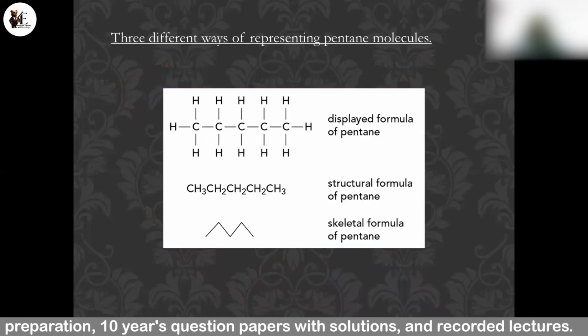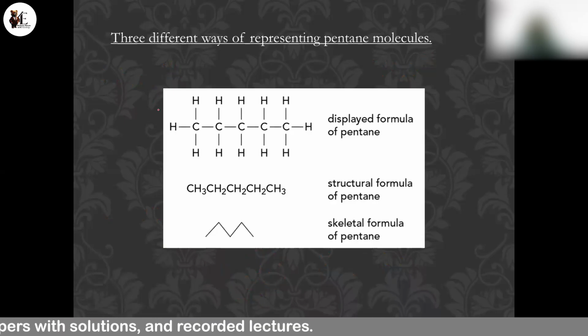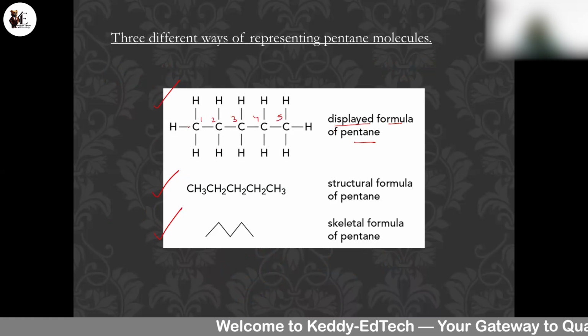This we already discussed in the organic chemistry chapter, how to display organic molecules. So how to display a hydrocarbon? First is the displayed formula, second is the structural formula, and third is the skeletal formula. In the displayed formula, you show all the bonds, carbon-carbon and carbon-hydrogen. So it is pentane. That means there should be 5 carbon atoms and then you have to satisfy the valency of carbon with hydrogens.